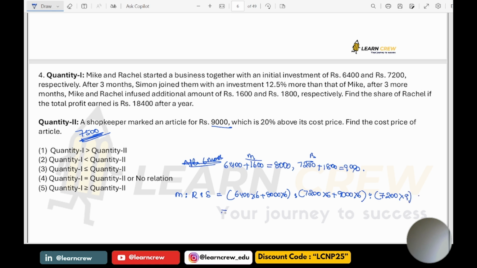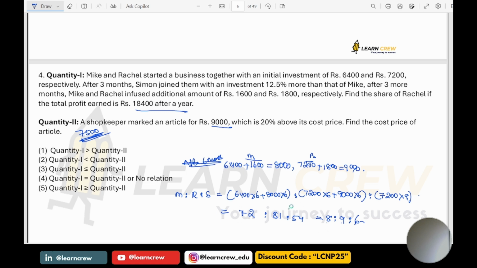So 64 plus 8, 72. You are going to get 72 is to 81 is to 54, which is nothing but 8 is to 9 is to 6. The total profit is 18,400. 8 plus 9, 17, 17 plus 6, 23. 23 parts is 18,400, so each part is 800.